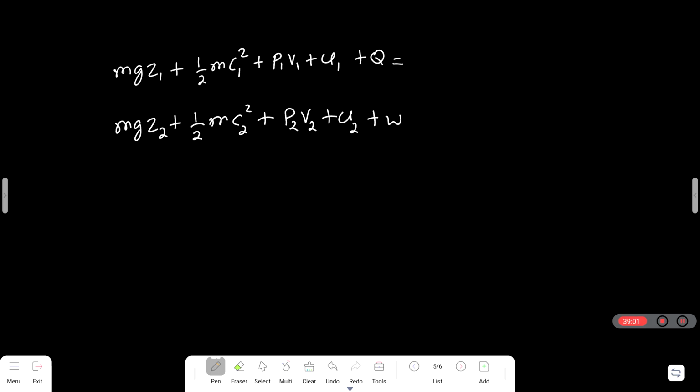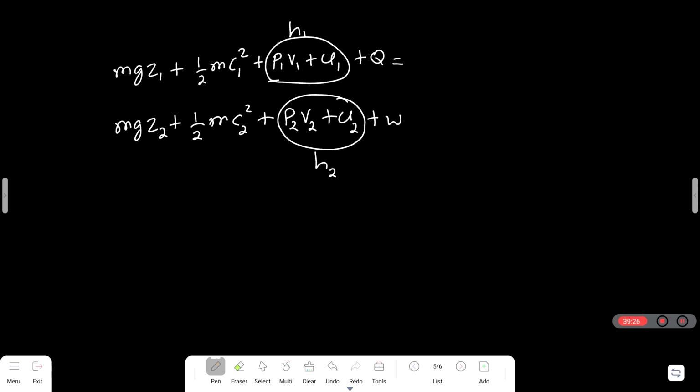In the data, he has given enthalpy. Here this entire term is H1, and this entire term is H2. Yeah, definitions we discussed.